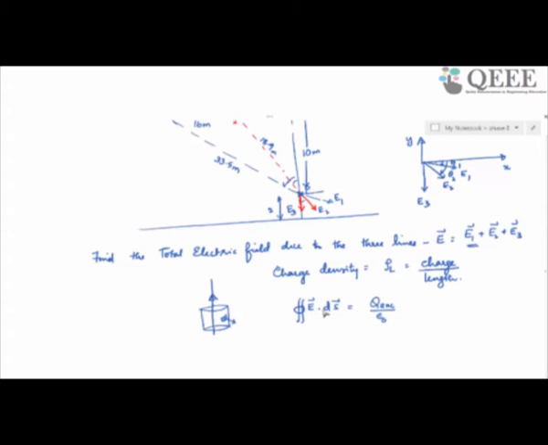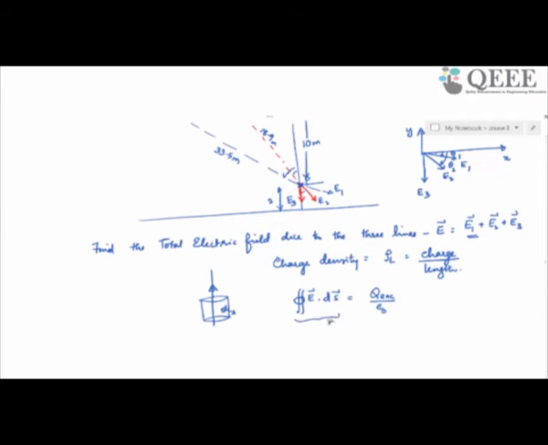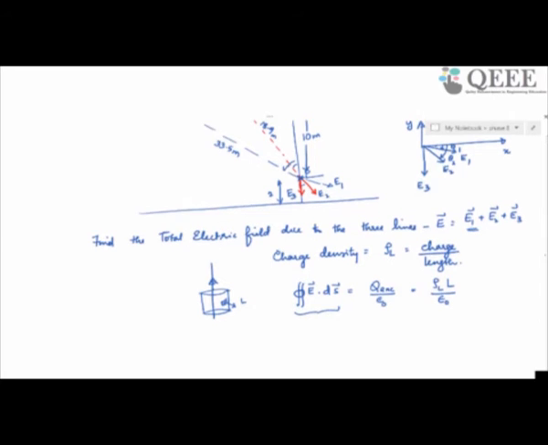Now, how do I calculate this surface integral? To calculate it, I have to evaluate this integral. Charge enclosed is not a problem. Let us say this cylinder is of length L, then the charge enclosed is rho L times L divided by epsilon naught. But how do I evaluate this surface integral?